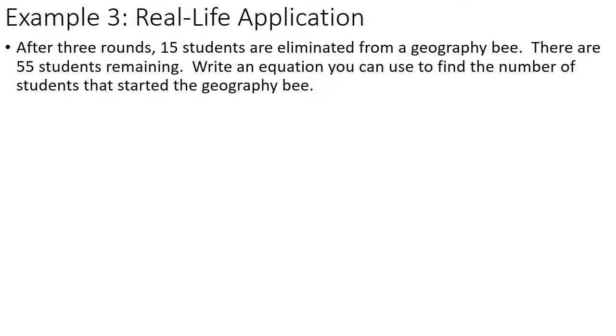So as we look at this one, it's almost the same thing where we are looking at after 3 rounds, 15 students are eliminated from a geography bee, and there are 55 students remaining, and we want to write an equation we can use to find the number of students that started the geography bee. So again, the first thing that we do is we define our variable.